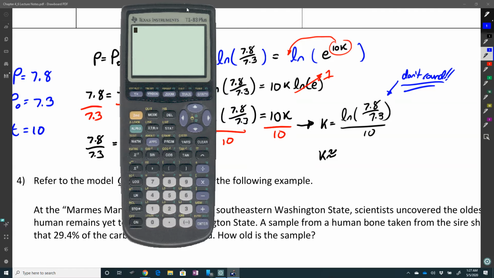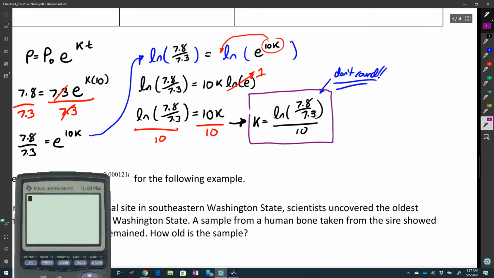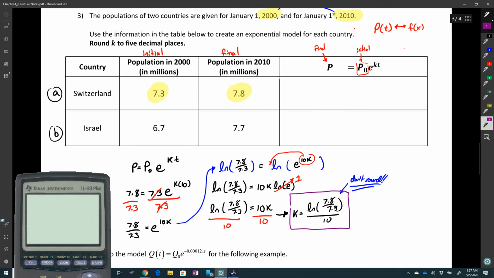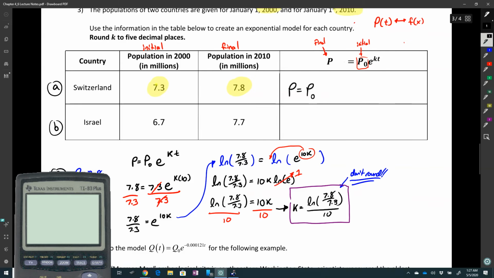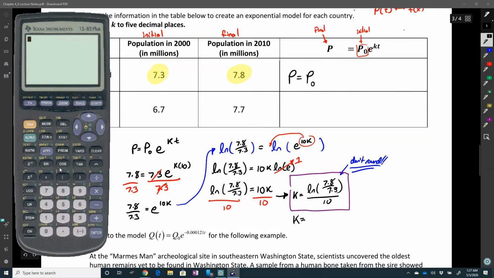Anyway, I'm not even going to write the decimal answer here. I'm just going to say that this is my answer. So on your problem, it says P equals P naught. And notice, oh, I did say round k to 5 decimal places. Sorry. And that's the cool thing. I don't have to redo the problem.